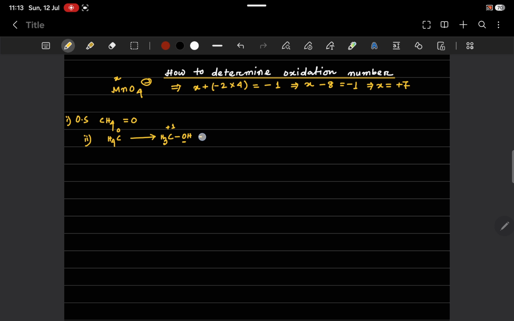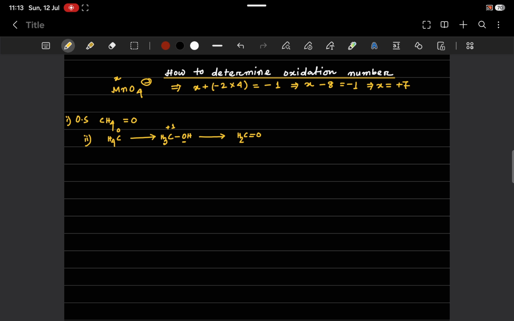If we further increase the oxidation, let's say to CH2 double bond O, now there is a trick, and the trick is very simple.